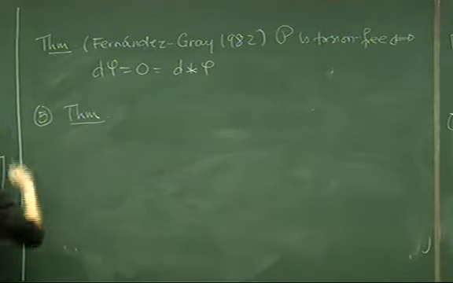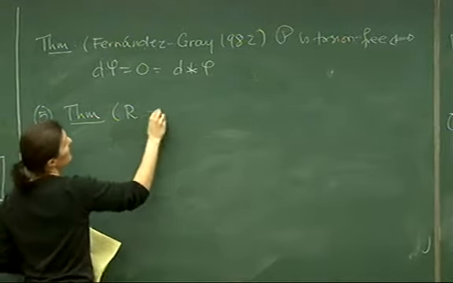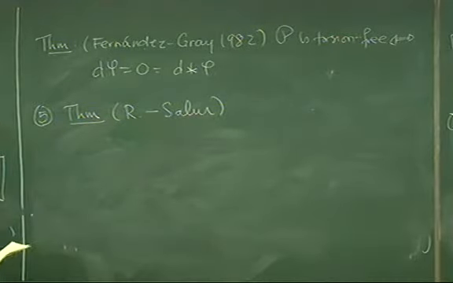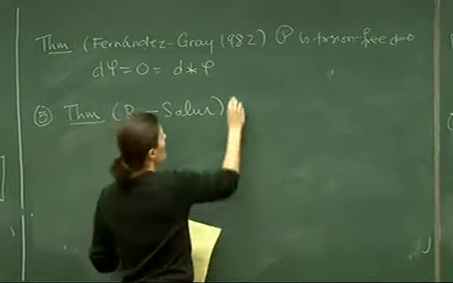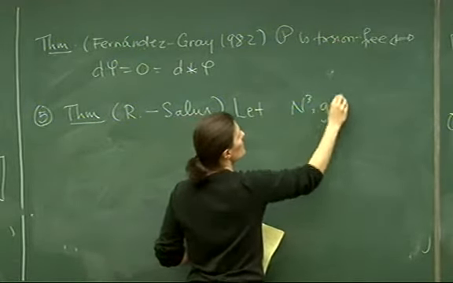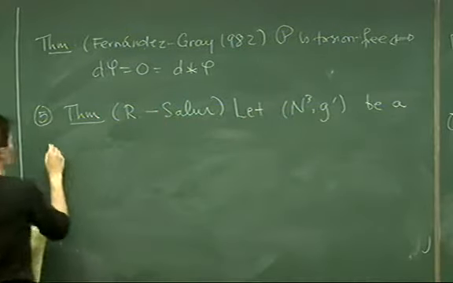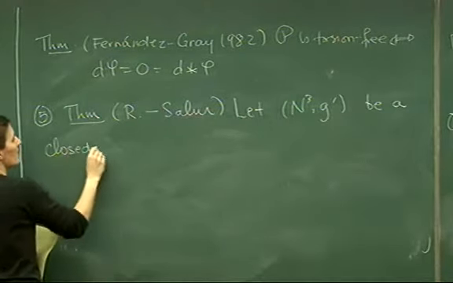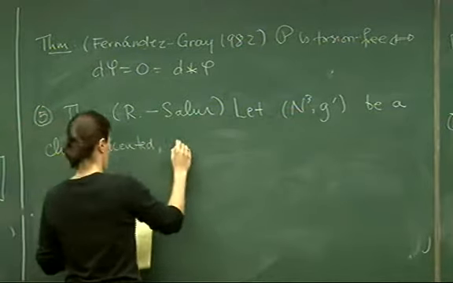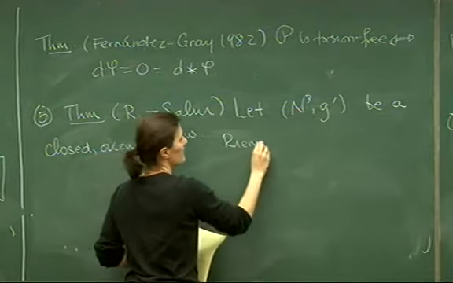The theorem I want to prove today is the following. Or actually, I won't prove it in full gory detail. I'll just give you the idea of what's going on. Okay. So let (N^3, g') be a closed, oriented, analytic Riemannian threefold.